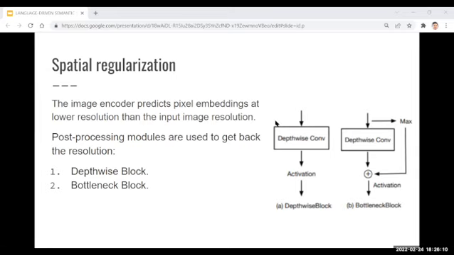So that is what depth-wise convolution is. But essentially these post-processing modules are required because we need to recover the original image resolution. That's why these post-processing steps are required.